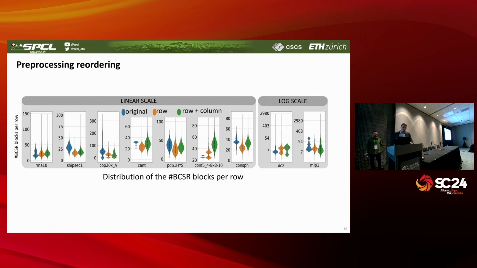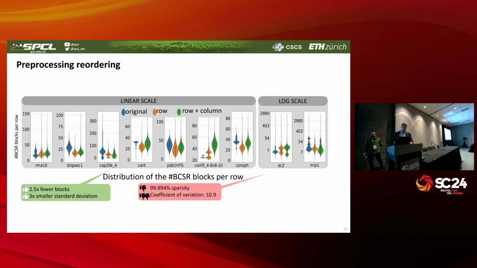So we have found matrices in the SpMM collection that are out of the distribution and need the log scale to show them. We first emphasize the cop20k_A matrix, where with the preprocessing, we can get up to 2.5 times fewer blocks and up to 3 times smaller standard deviation, that is, better load balance.